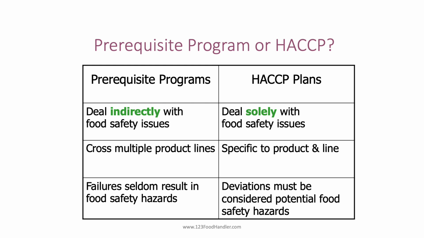So there's minimal risk, but there is risk if prerequisite programs fail. HACCP, though, is directly involved with the food and deals solely with food safety. It's specific to the product, the food process, the ingredients, and deviations from processes are considered hazards. They're considered potential areas where someone could get sick, injured, or die.